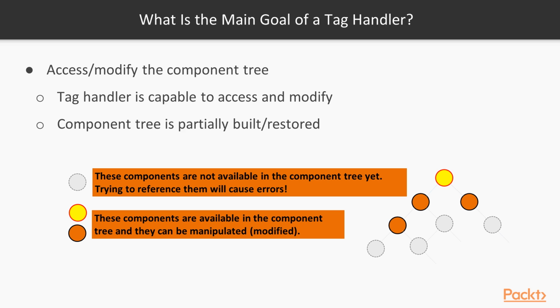But you have to keep in mind that when a tag handler is executed, the component tree is partially built or restored, which means that some components exist while others don't exist yet. So the tag handler can manipulate the JSF component tree safely, but you have to pay attention to how you manipulate it.